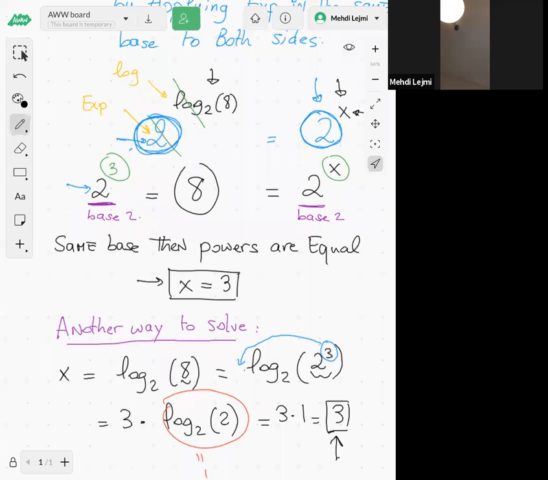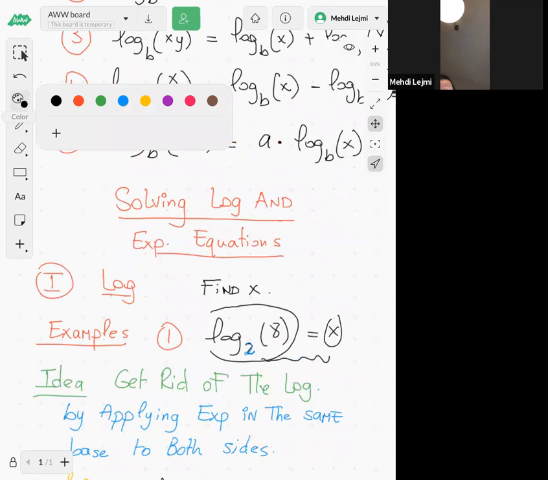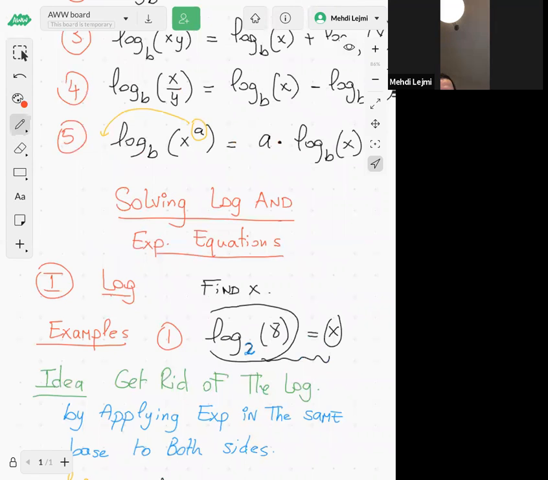Now, what I'm saying is one of the properties of the log: if you have a log of x to the power a, a power inside the log, then you can always put this power down in front of the log.